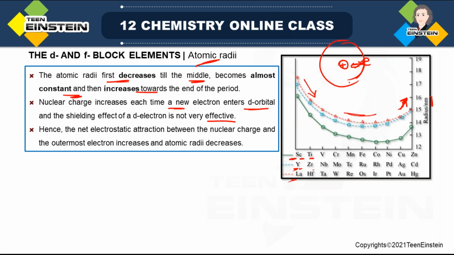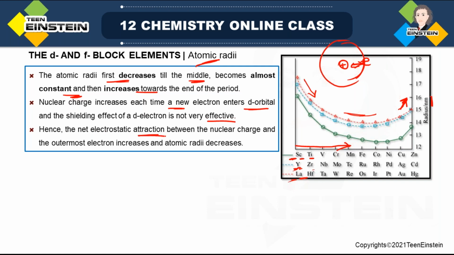Okay. So because of this reason, when you are moving from scandium, or if you consider the other series, see, up to this part there is a gradual decrease, right? So as you add electrons, because gradually the atomic number is increasing, and because of this poor shielding effect of the d electrons, the attraction between the positive charge of the nucleus and the outermost electron is very high, so size is decreased.